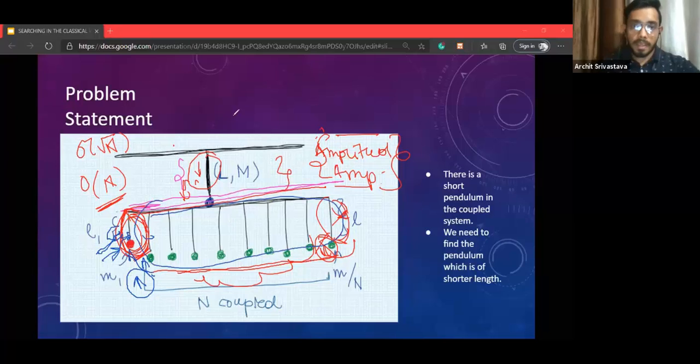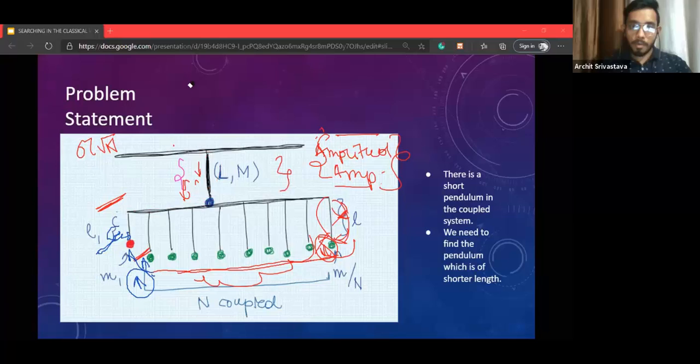So quickly erase and moving on to the next slide.